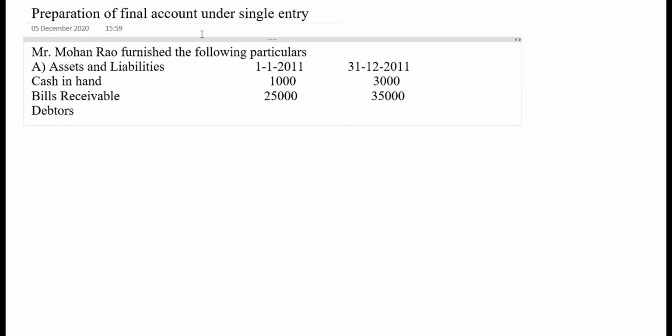Debtors rupees 40,000, 50,000. Then stock 70,000, 75,000. Plant and machinery 40,000, 40,000.